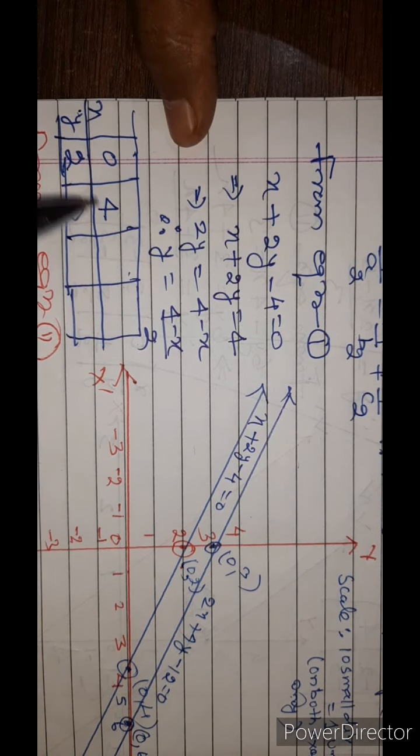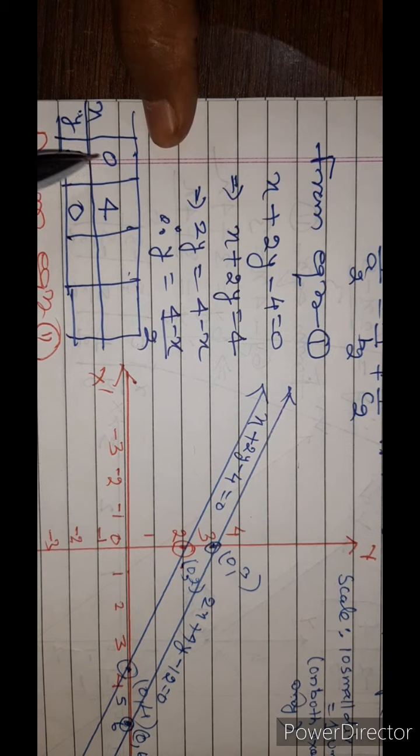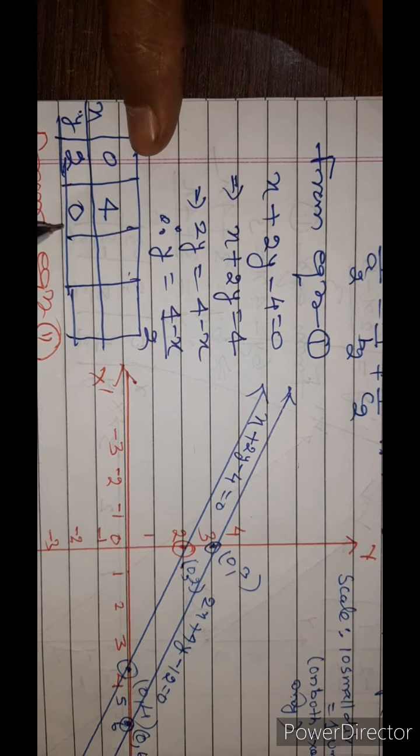When we put 4 in place of x, the result of y will be 0. Here I have taken only two coordinate points, (0, 2) and (4, 0).